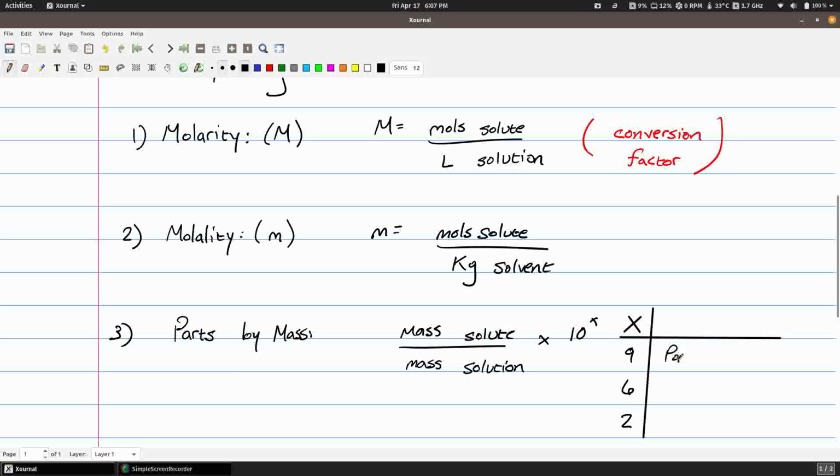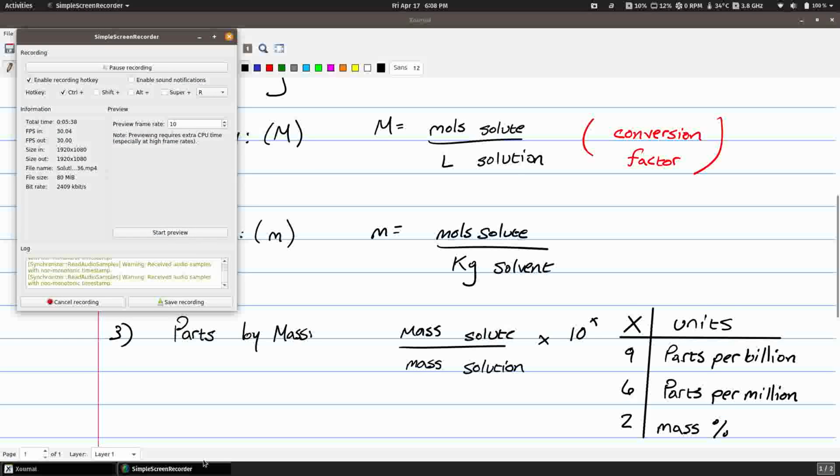So you have parts per billion, parts per million, and you have mass percentage. And then this would be units. I'll give you a second to copy that.